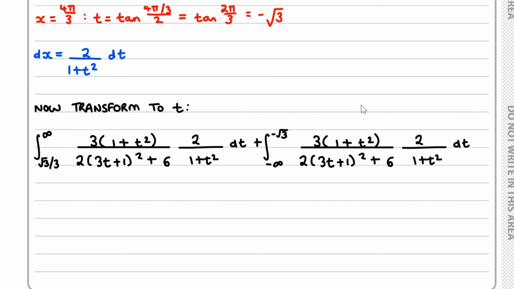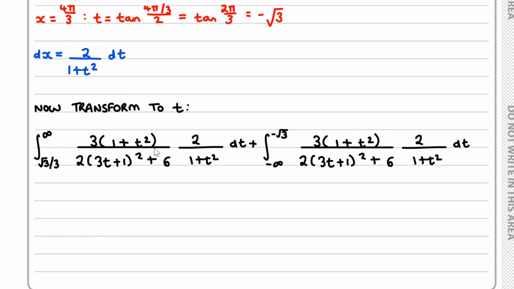So hopefully that makes sense why it's minus infinity, because we can't have our limits going from positive infinity to negative root 3, when here we're going from root 3 over 3 to infinity, so we have to ensure that this one here is negative.